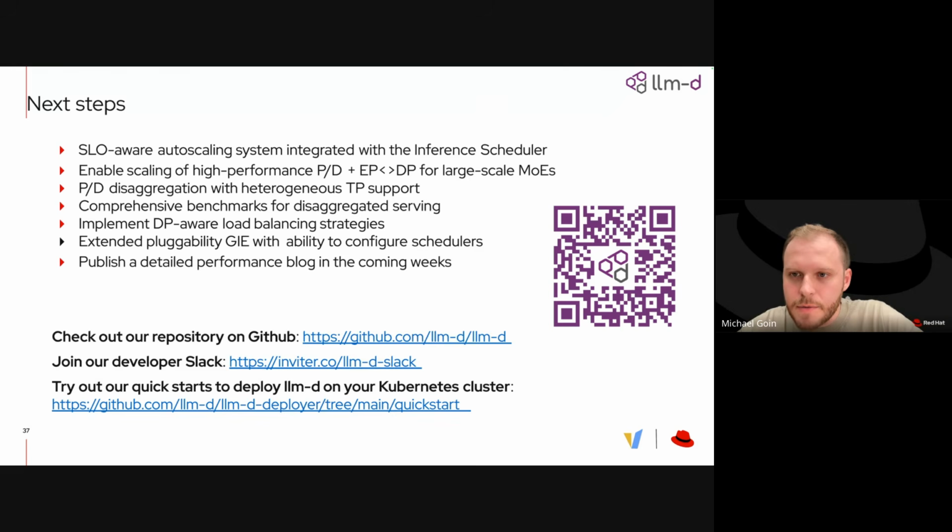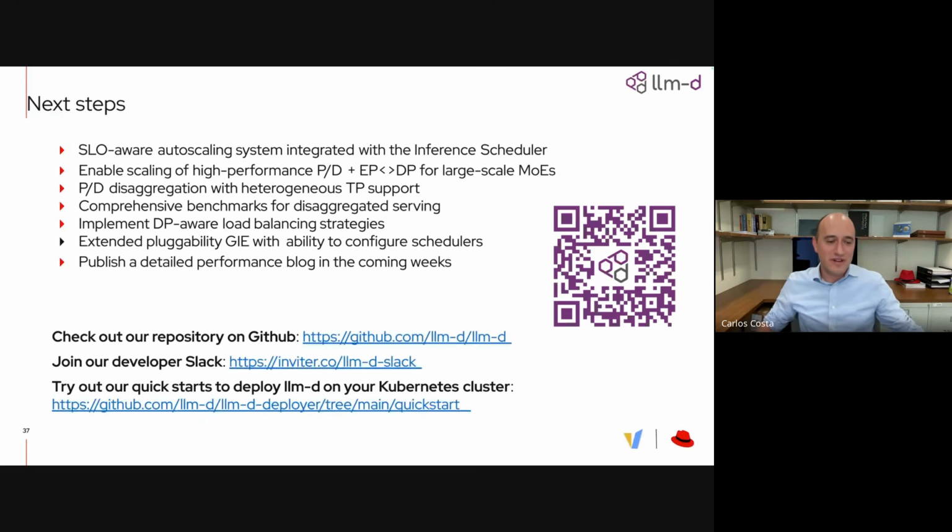One question I thought was interesting: is LLM-D working on any fast cold start autoscaling optimizations? Great questions. All this autoscaling work that I described only makes sense if I'm able to bring things up quickly.